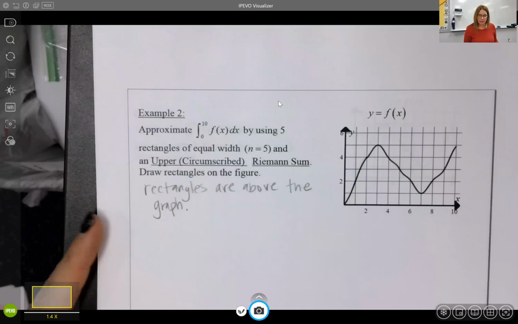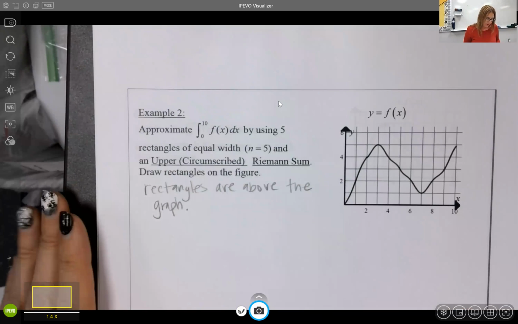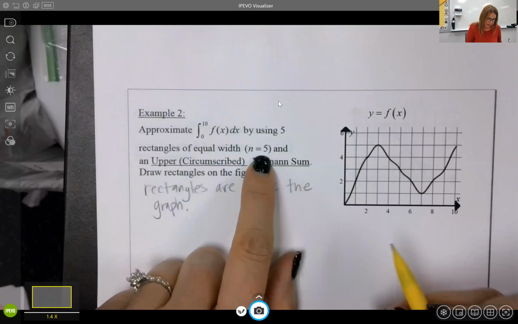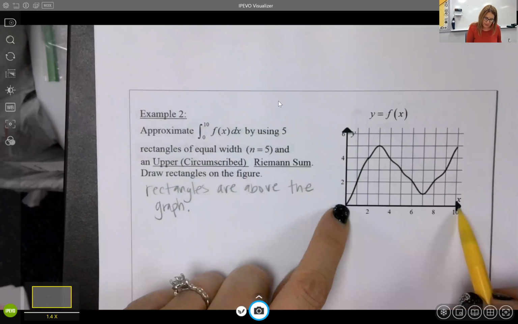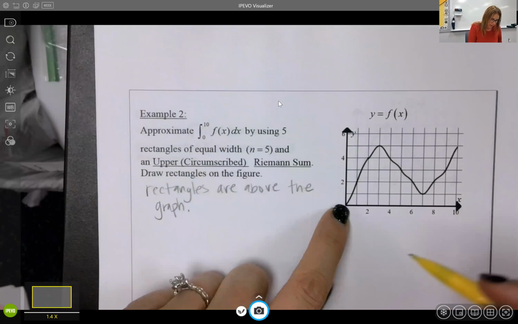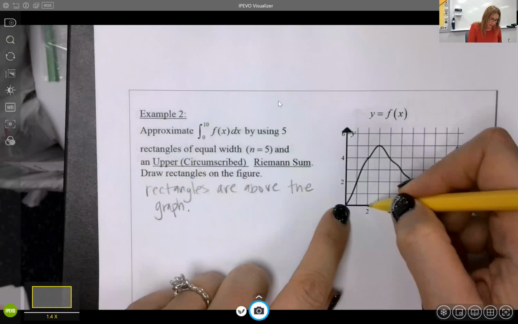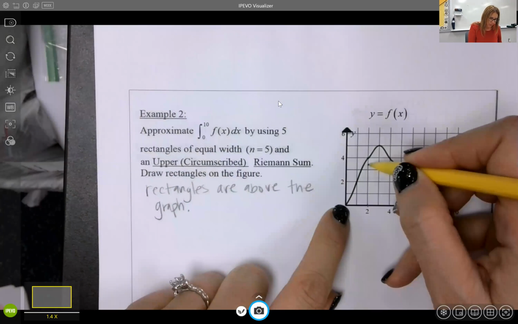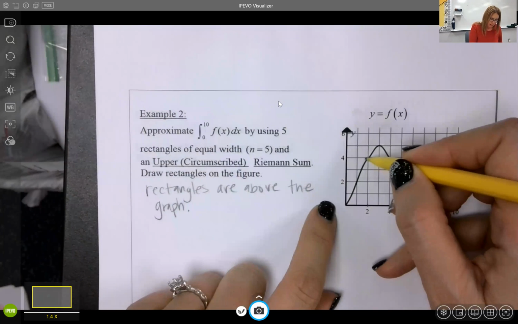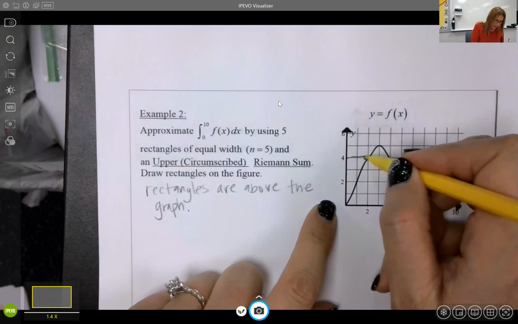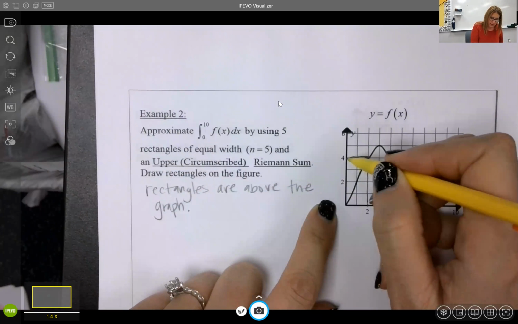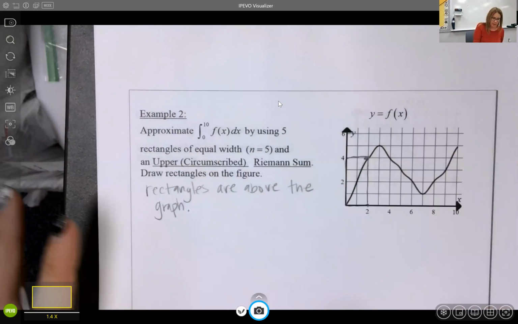I'm doing 5 rectangles and I have a space of 10, so that means each one's going to be 2, okay? So I'm going to go to here, but my upper point is right here. So I'm going to do this as my first rectangle, and I'm going to come up to 4.